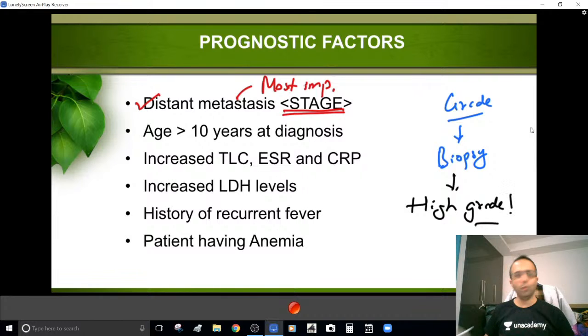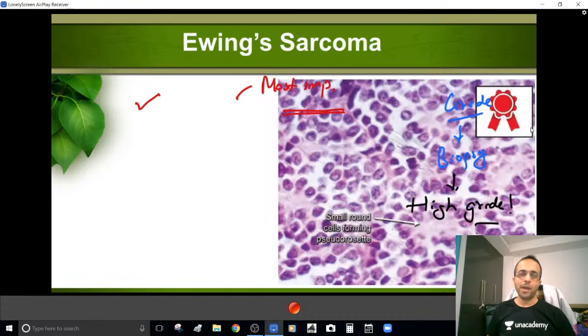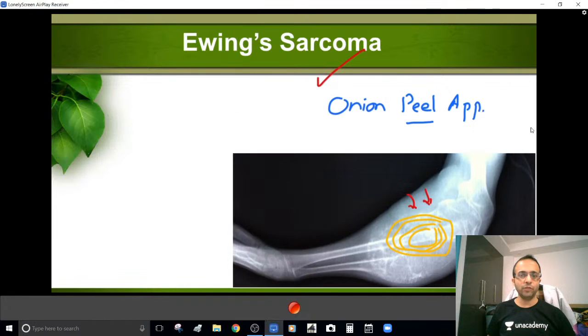There is nothing like a low grade Ewing sarcoma. So stage is the prognostic factor, not grade. Age more than 10 years, increased inflammatory markers, increased LDH levels, history of fever, anemia, they all tend to carry a bad prognosis. And that was perhaps the question we were dealing with.